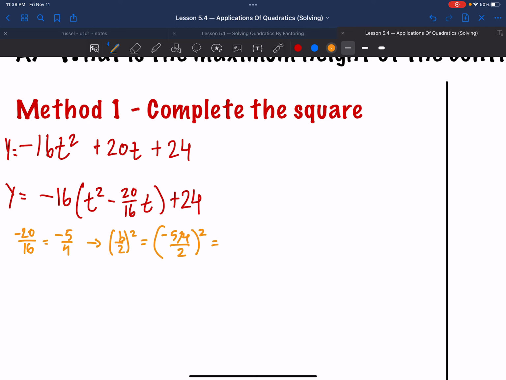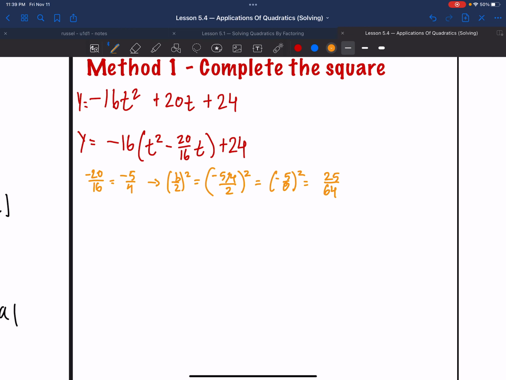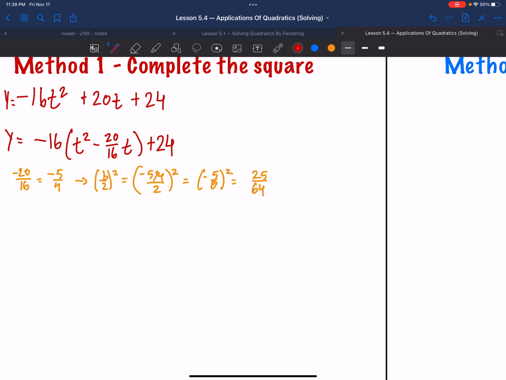The result you should get is 25/64, I believe. Because if I write it out, 5/4 over 2, that's negative 5/8 squared, which means that's 25 over 64, because I square 5 and I square 8. And the negative's gone. Okay, so that's the magic number I'm adding. So y equals negative 16 times t squared minus 5/4 t plus 25 over 64.